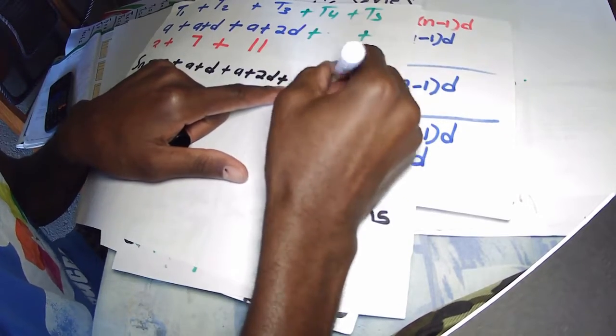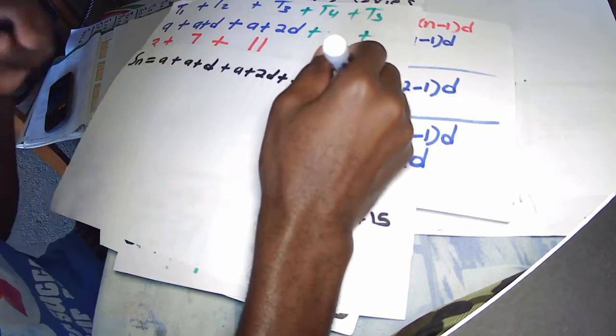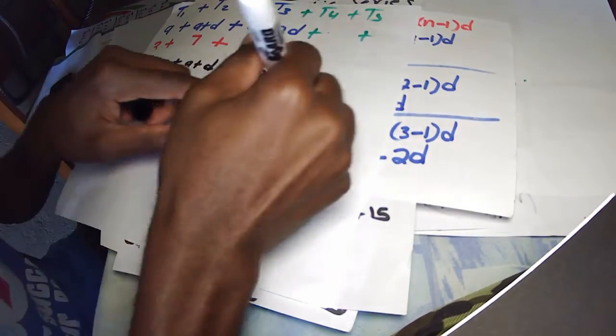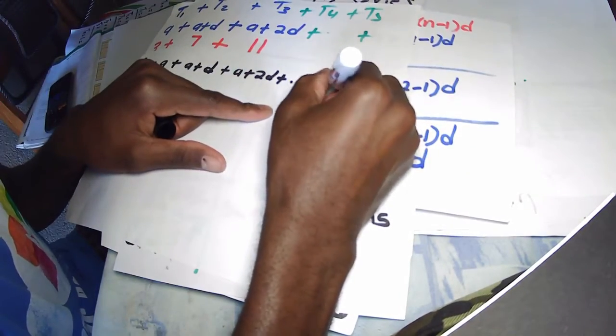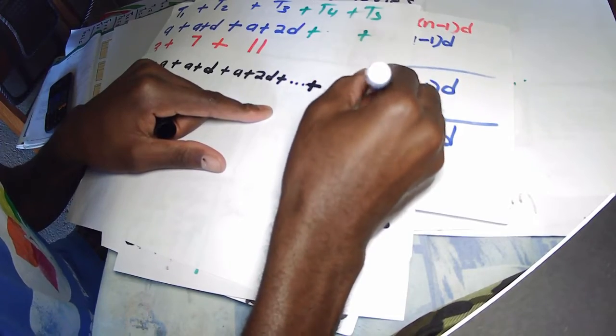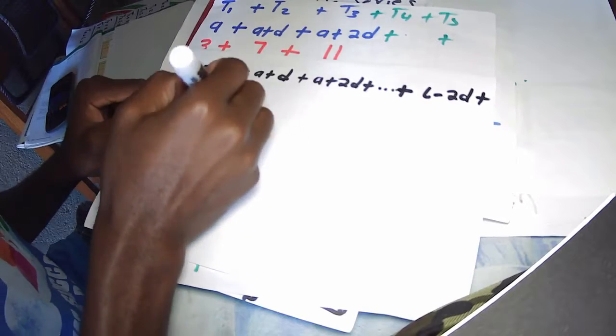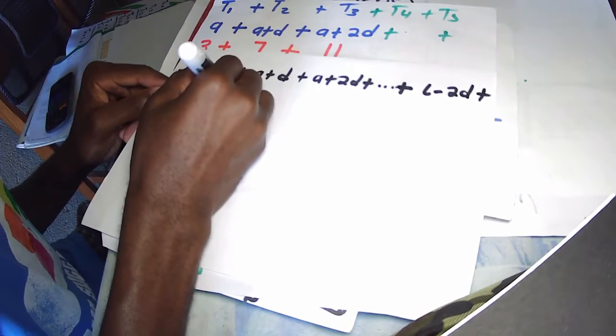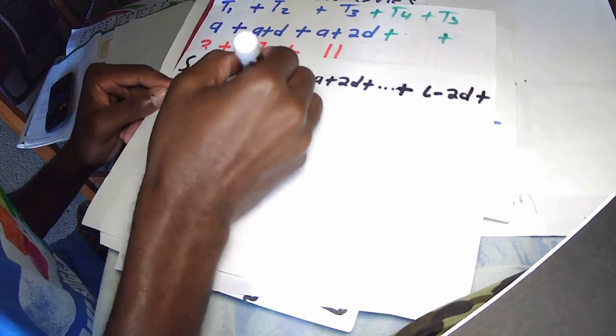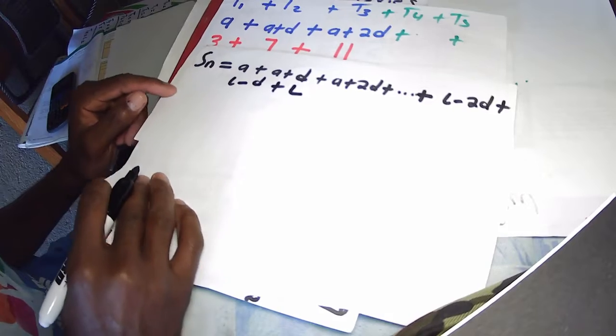So when we go to the last term, we subtract. Now we put the last term, so that is L minus 2d, plus L minus d, plus L. So this is what we have.